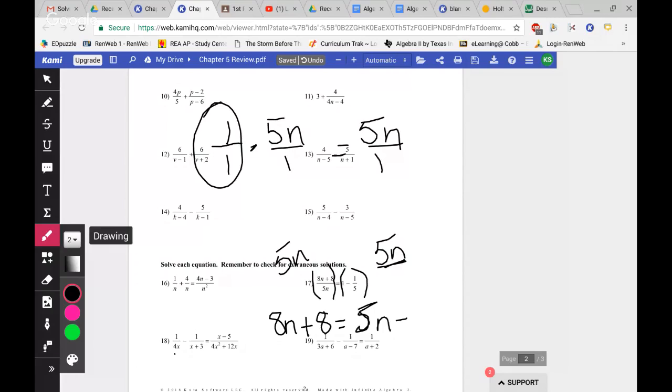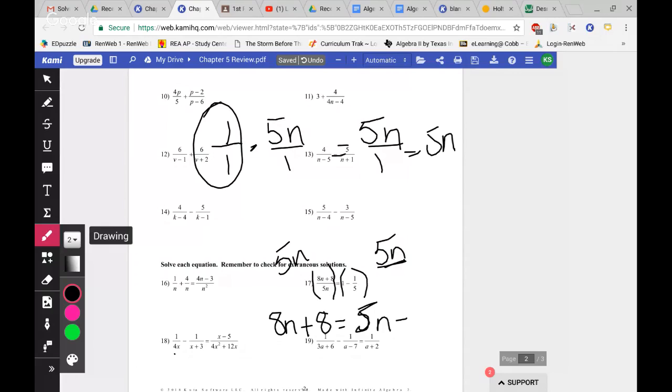And when it's being distributed, it's technically being multiplied by each piece or each fraction. So 1 times 5n is 5n, and 1 times 1 is 1. And when you reduce that, that's 5n, and that's where that comes in.